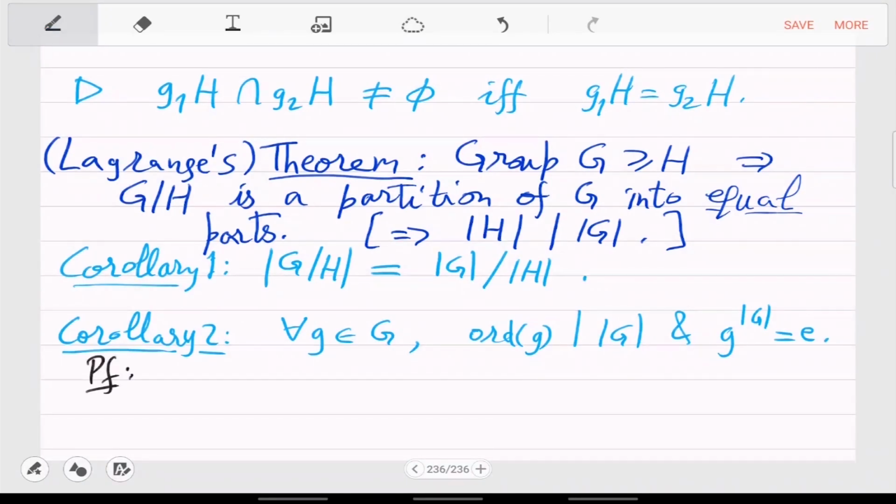How do you show this? Correct, you look at the cyclic subgroup.